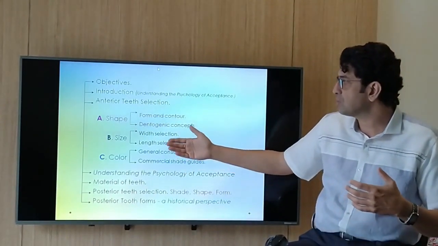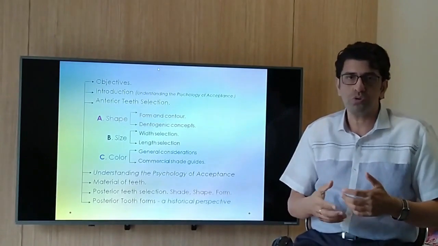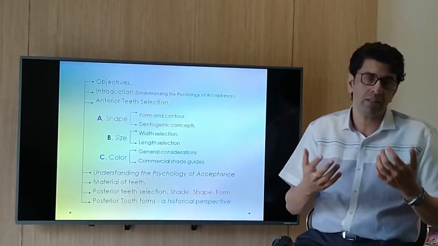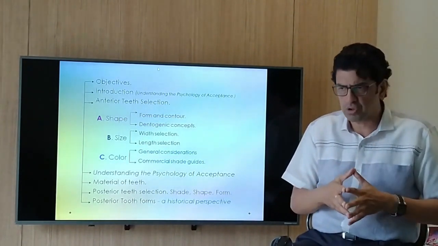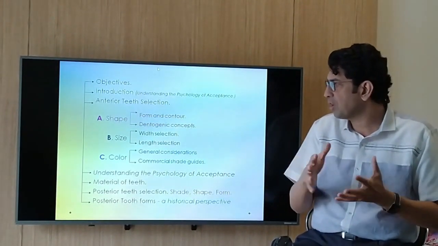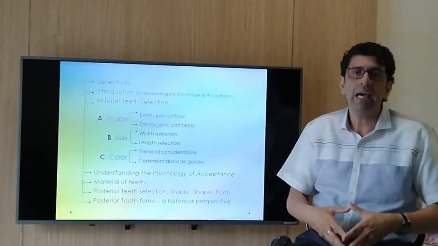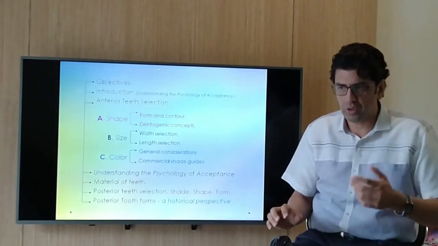And in the selection of size, you have the width selection as well as the length selection. And in color, of course, you have general considerations as well as I just want to mention commercial shade guides and how to use them. Okay, and then we will end up looking at understanding the psychology of acceptance a little more in detail and how to guide the patient actually to make the selection. So we're going to look at that.